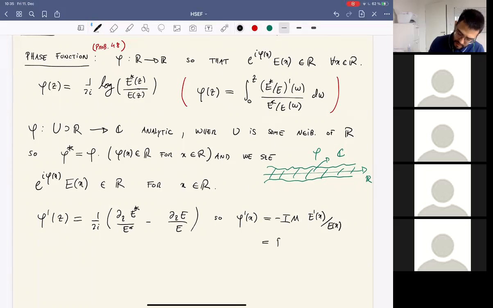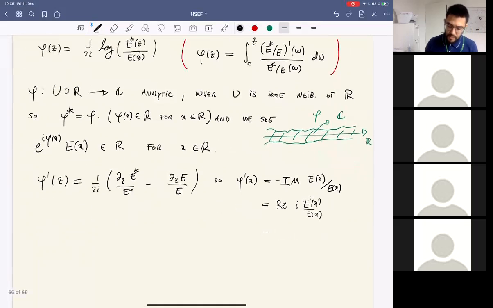Another way of writing this is the real part of i E'(x) divided by E(x), when x is real, of course.